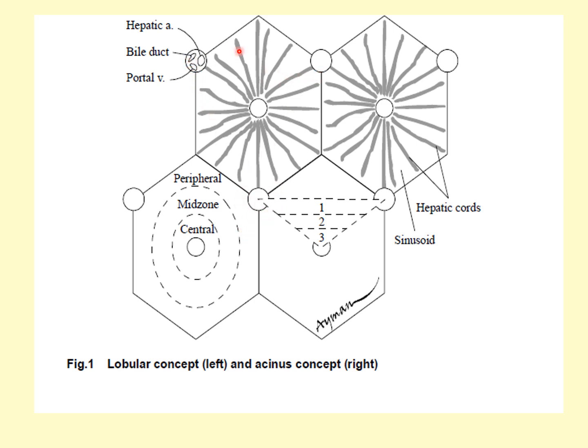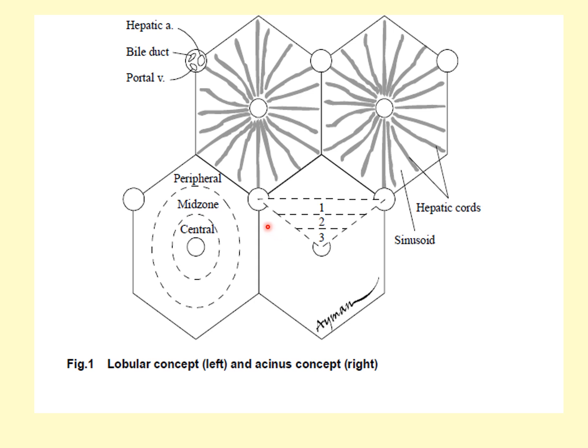Portal triad to portal triad are connected, and the lobules are divided by an imaginary line from one lobule to another. In the center of the lobule there is a central vein. So this is the portal triad, this is a single lobule, and this is the central vein.